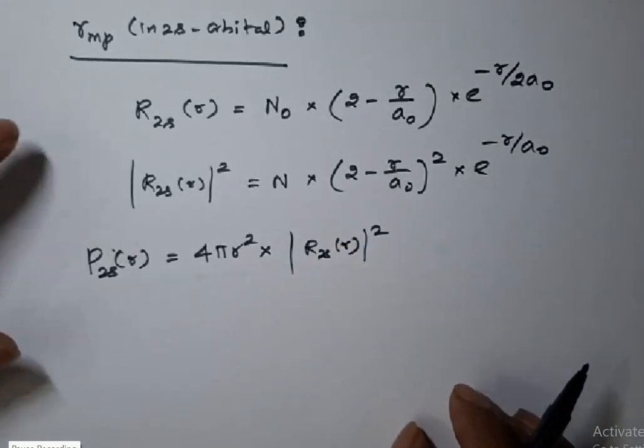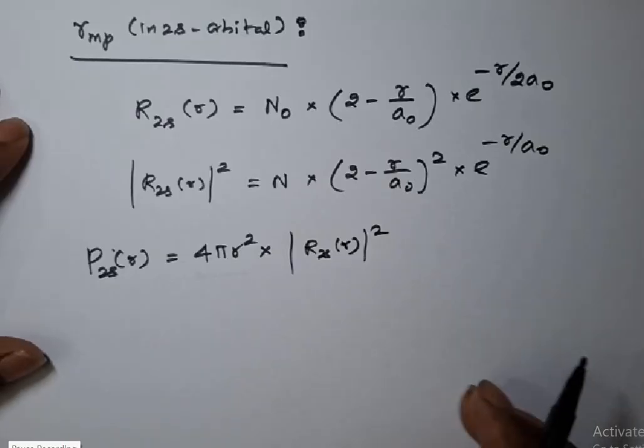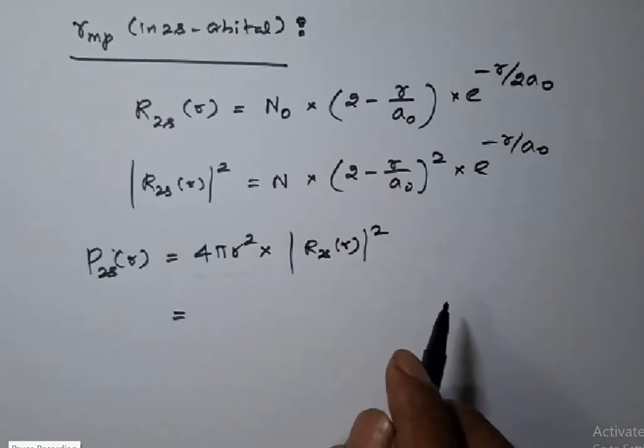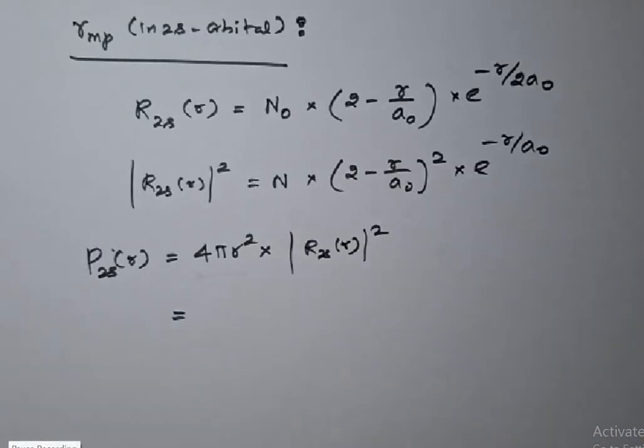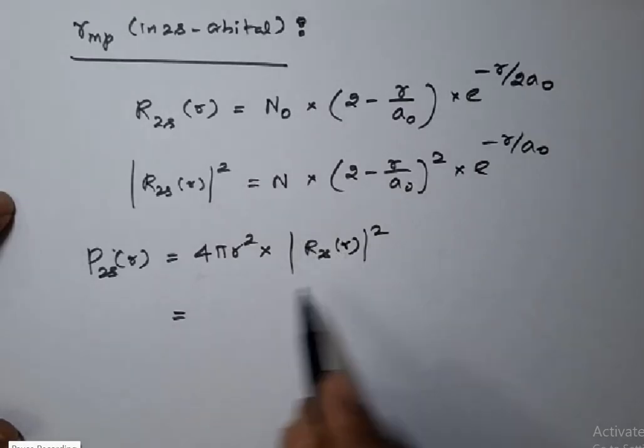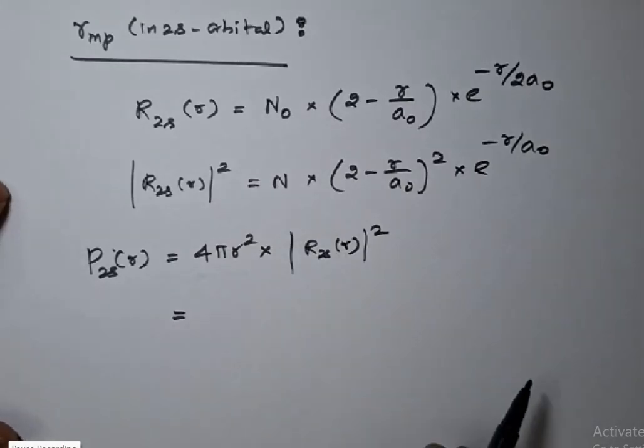Now, what I am going to do: for the radial probability distribution, you'll get this particular function.